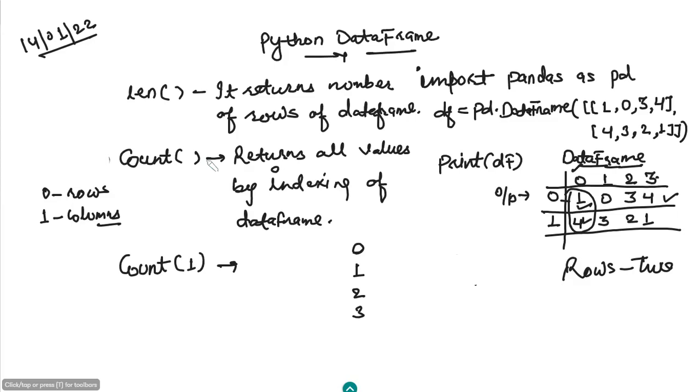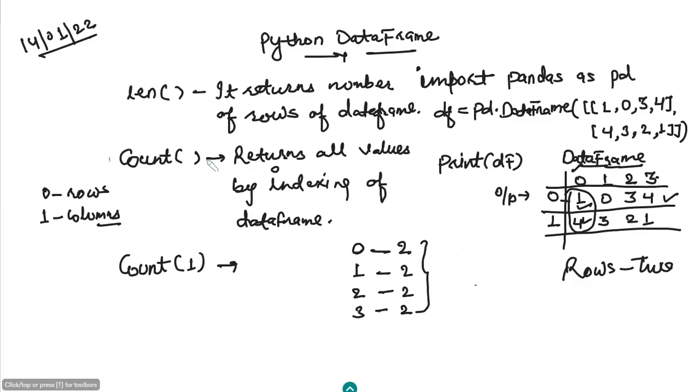So it will return the values by columns. Every column contains the same number of values, 2 values: 2, 2, 2, 2. So the output will look like that. Is it clear? Yes.